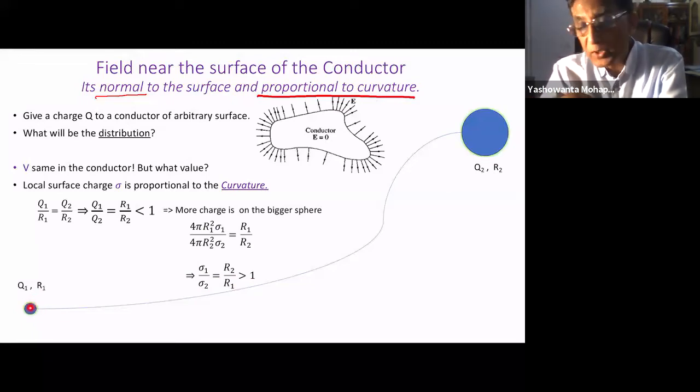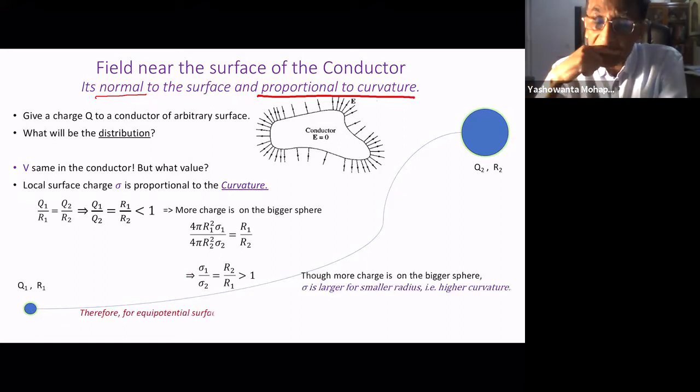Of course, a sphere has only one curvature. In 3 dimensions, typically you can have 2 curvatures, but here both curvatures are the same. So the radius is small, meaning curvature is larger, and hence sigma 1 is larger. Just a simple argument to be able to argue that out.